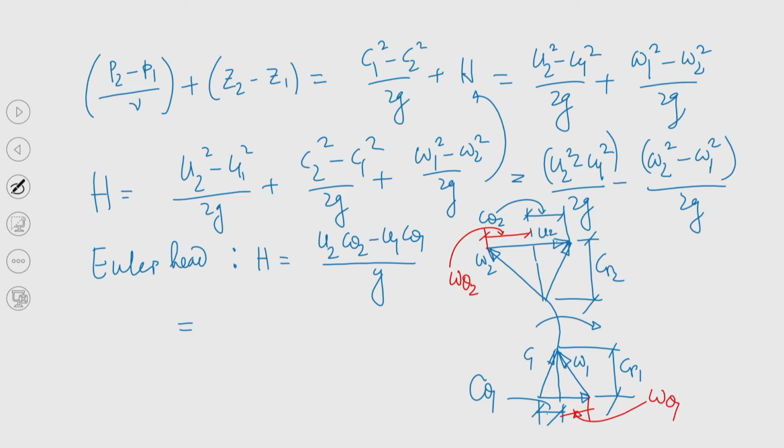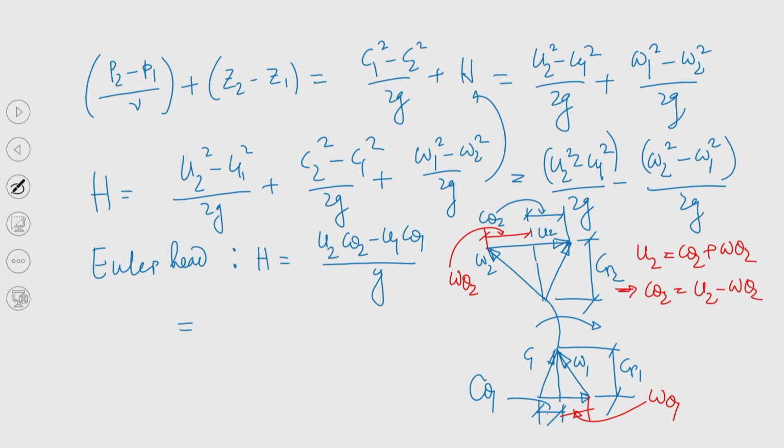So, we can clearly see that u2 equals c theta 2 plus w theta 2, very simple, right. And then c theta 2 is equal to u2 minus w theta 2, okay.